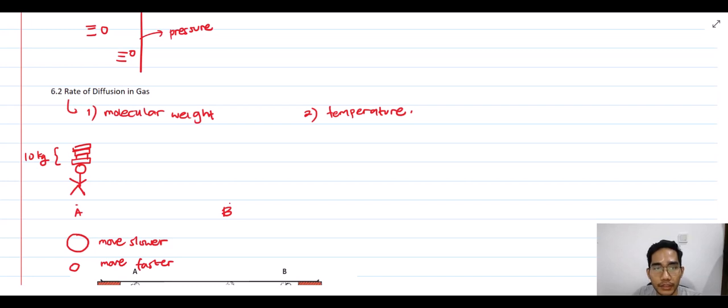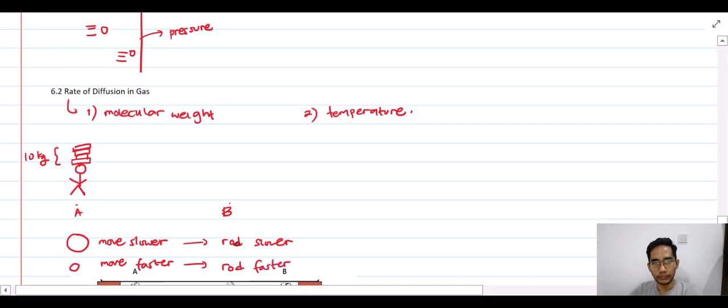So when particles move slower, the rate of diffusion, let's abbreviate it as ROD, will be slower, of course. And when the particles move faster, the rate of diffusion will get faster. Got it?